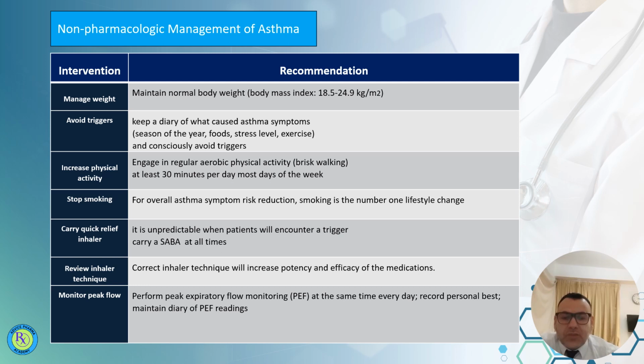So it's important to review the inhaler technique with the patient and ask them to teach back and tell you how he is using the inhaler, and you can guide him to the correct procedure. Monitor peak flow, which is expiratory peak flow monitoring. This can be done with a device at home, and the patient can record the best reading for himself to monitor his lung function.